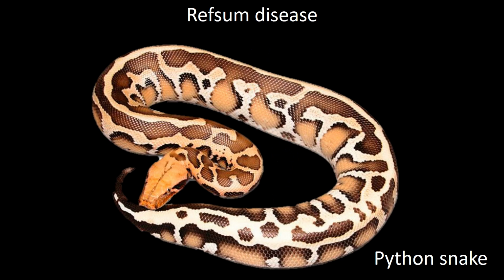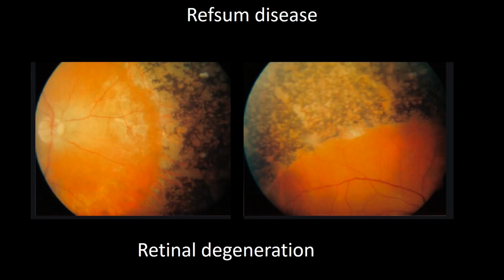The second condition is Refsum disease. I remember this disease by thinking of python snakes. Patients with this condition present with retinal degeneration and usually seek medical attention due to progressive visual loss and tiredness.